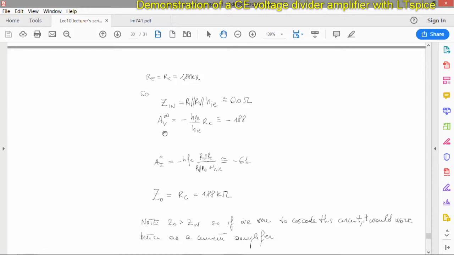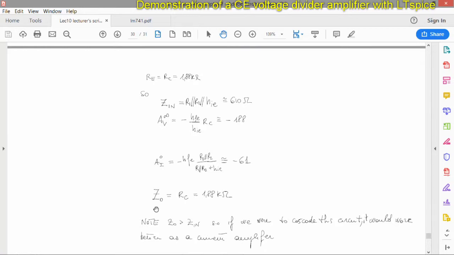Av infinite, which is this quantity, I'm assuming hfe is 100, hie is 1 kilo ohm, and RC comes from the DC analysis. So we would expect 188 amplification with a minus in front. Similarly, Ai, we would expect minus 61, and Z output 1.88 kilo ohm because it's the same as RC.